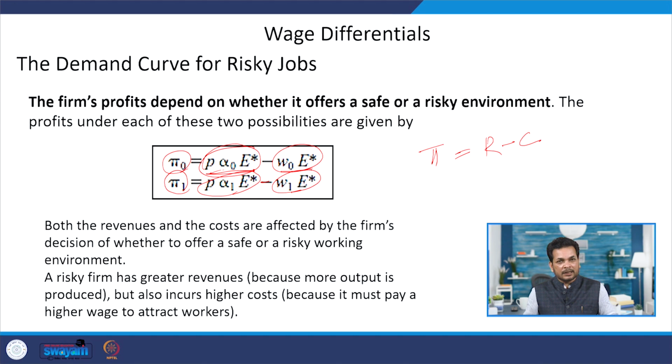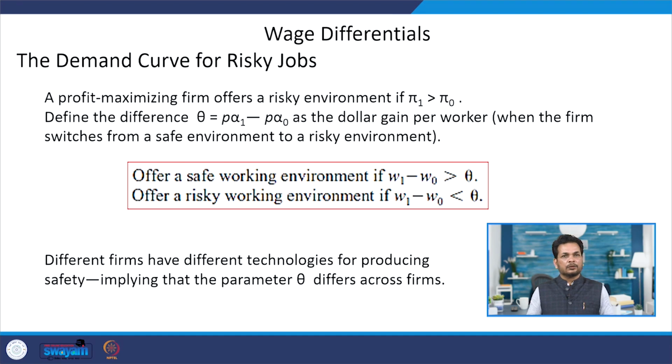However, a risk farm has greater revenue because more output is produced, but simultaneously the risk farm is also going to have a higher cost because it must pay higher wages to attract workers. So, a profit maximizing farm offers a risk environment if the profit in the risk environment is higher than the profit in the safe environment.